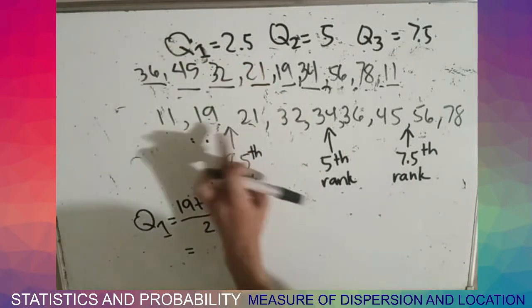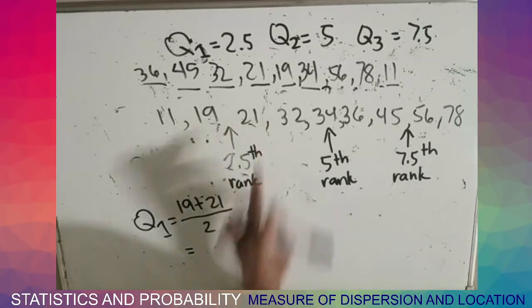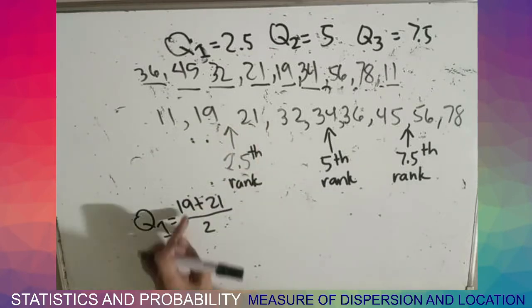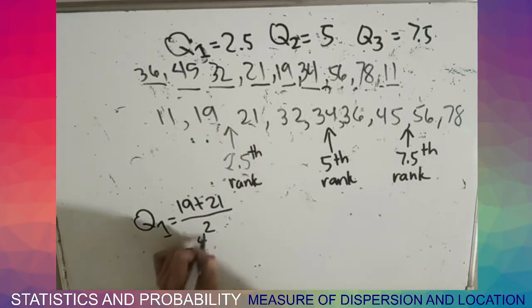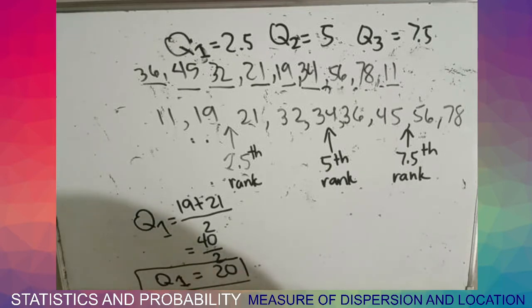Pinagpa-plus natin yung magkasunod. So, 19 plus 21 is equals to 40 divided by 2. Ang sagot ay 20. So, the quartile is 20.